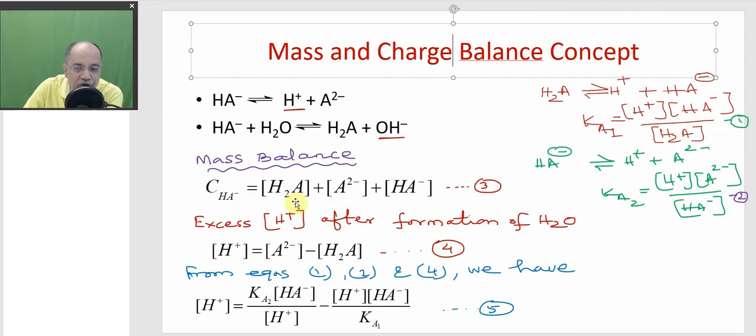So these three should be equal to the original salt concentration. This is mass balance. And we are here not doing charge balance because charge is already balanced. We are not offsetting the charge in this concept.